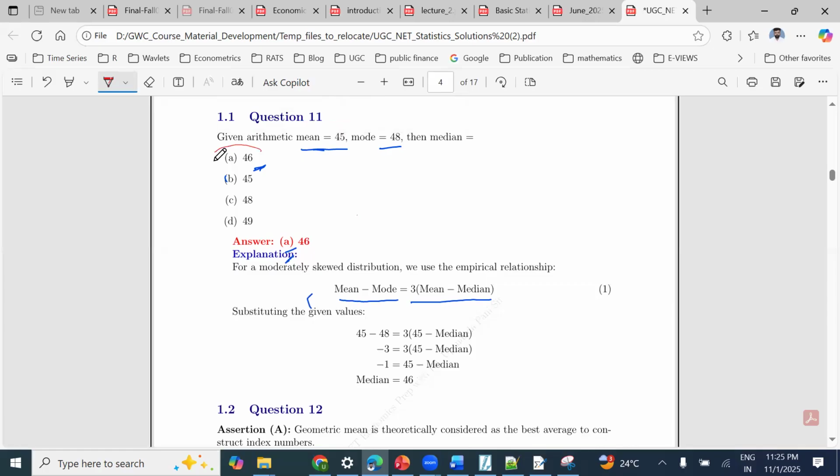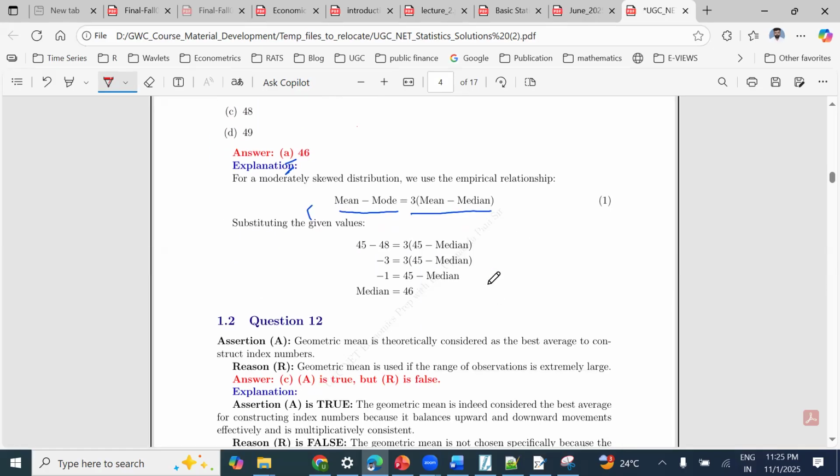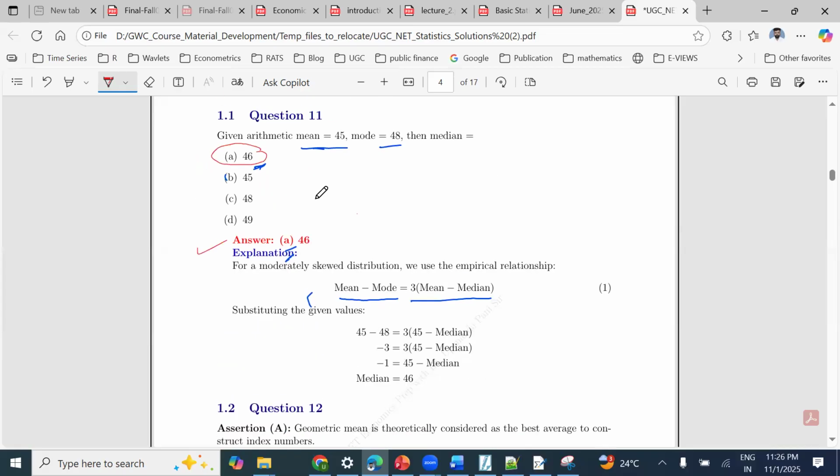So the answer will be 46. Why will it be 46? To save our time, we already did it. Yesterday we discussed skewness, this relationship, for a moderately skewed distribution.